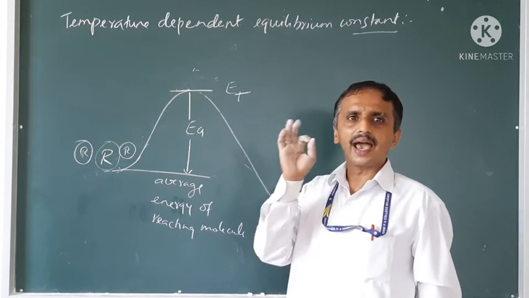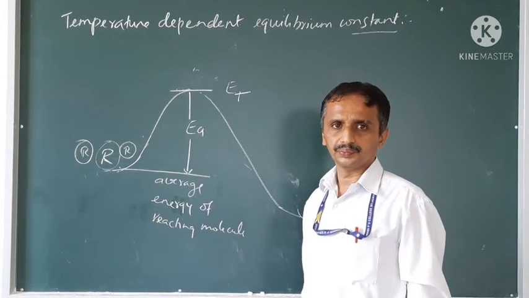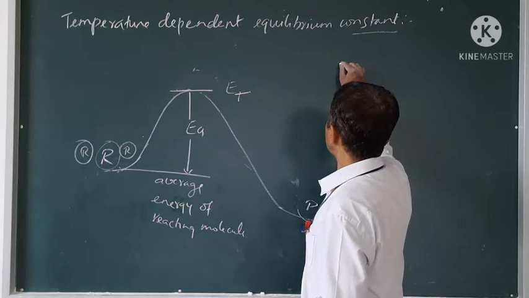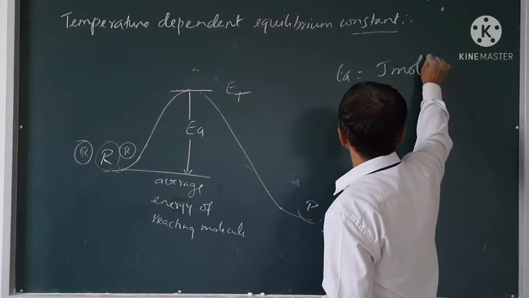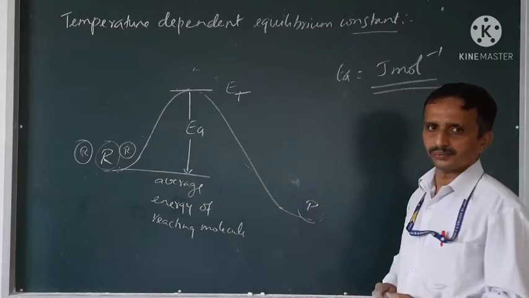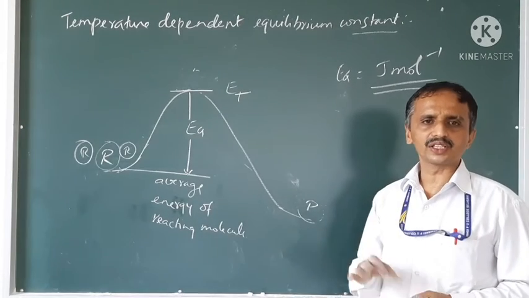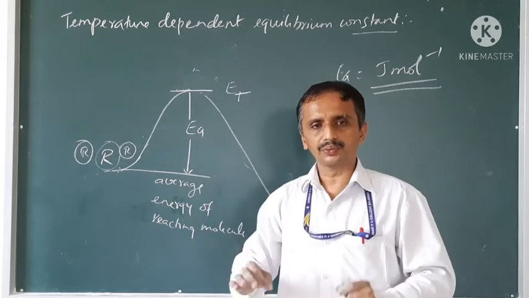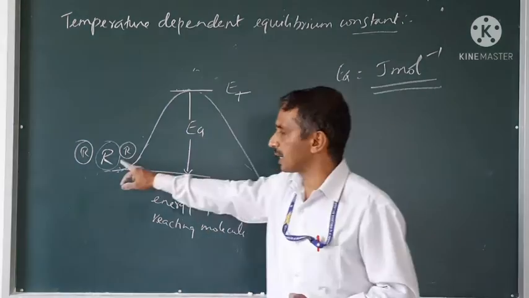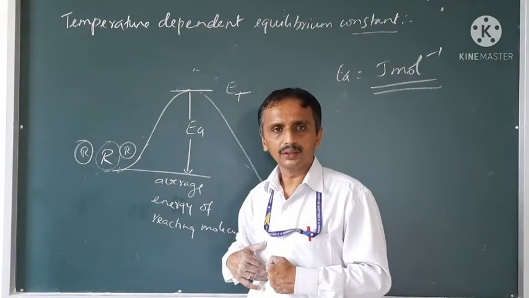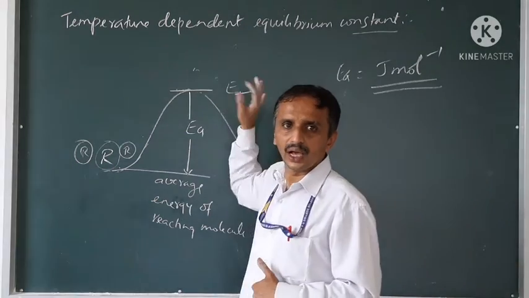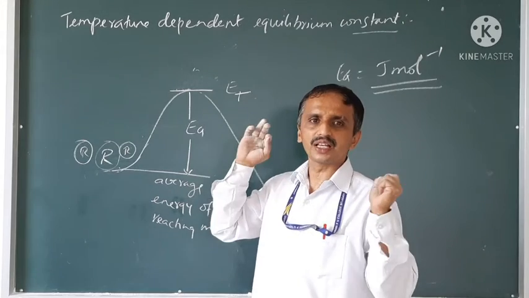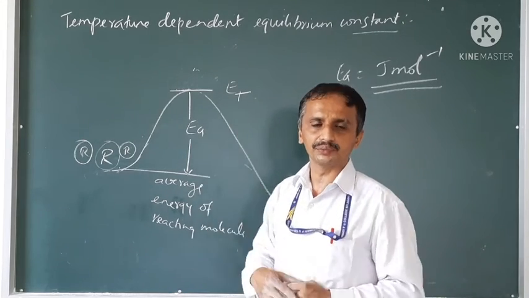The unit for activation energy is joules per mole, because it is energy only. High values are expressed in kilojoules per mole also. Definition: the minimum extra energy that the reactive molecule should acquire to cross the threshold energy and give the product is called activation energy.